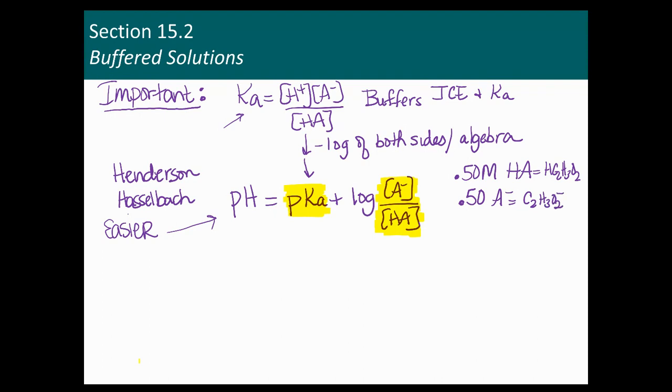Previous question, right? And when I look at this, if I understand common ion effect, okay, I'm going to write it back out, but I have 0.5 of this. I have 0.5 of that.